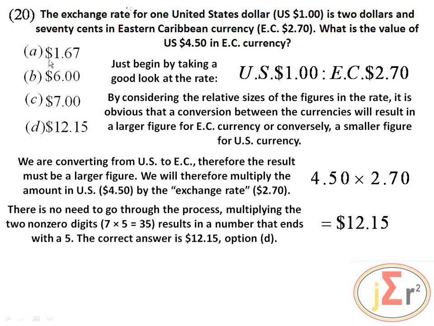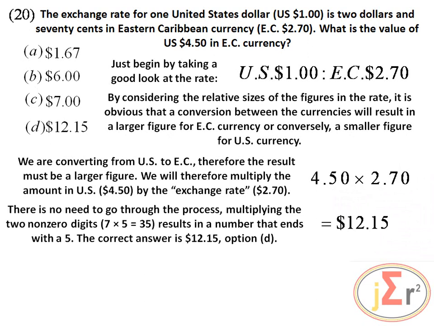So instead of multiplying this all the way through, we may take advantage of the fact that by the time we start multiplying 7 by 5 we get 35. There is only one of the options that has the rightmost digit equal to a 5.